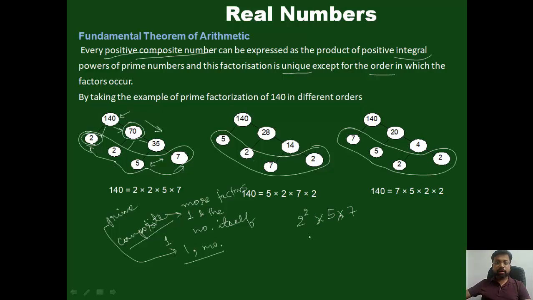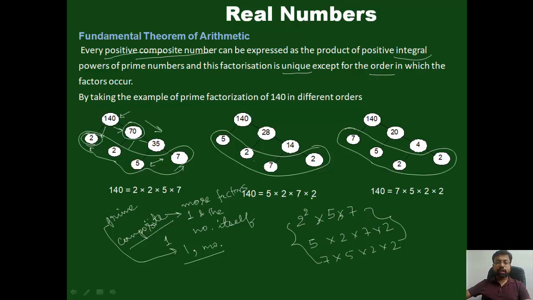Their orders are different. In one case you write it like this, in the other case like this, but in each of these cases their products are going to be equal to 140 and the prime factors do not change. So in each case there are two 2's, one 5 and one 7. So this is the fundamental theorem of arithmetic.